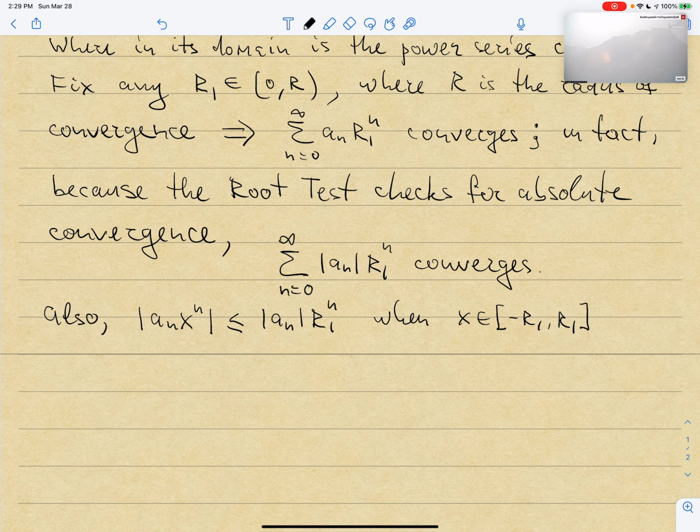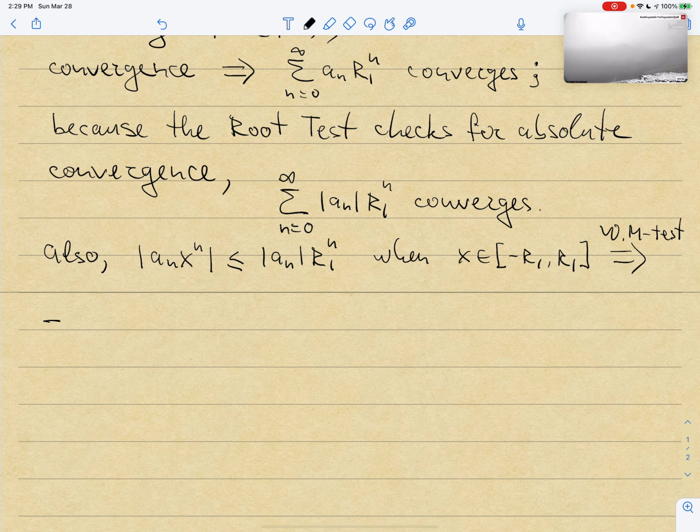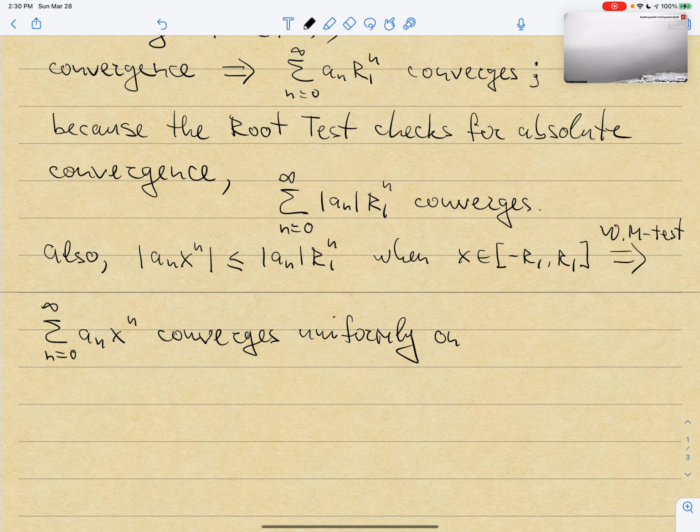Weierstrass m-test tells me that the sum from 0 to infinity of an x to the power n converges uniformly on the interval from minus r1 to r1, right?